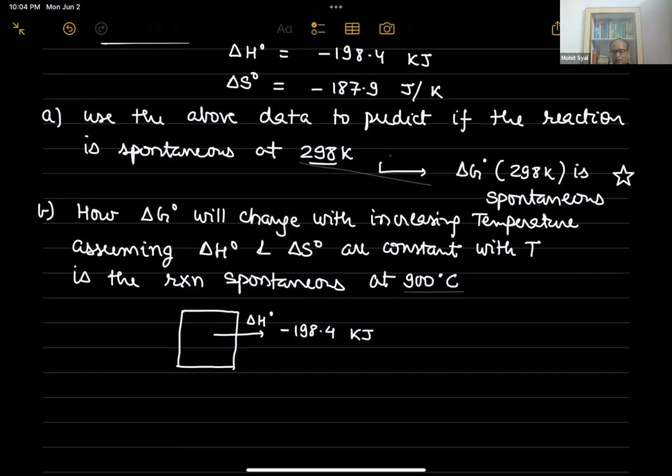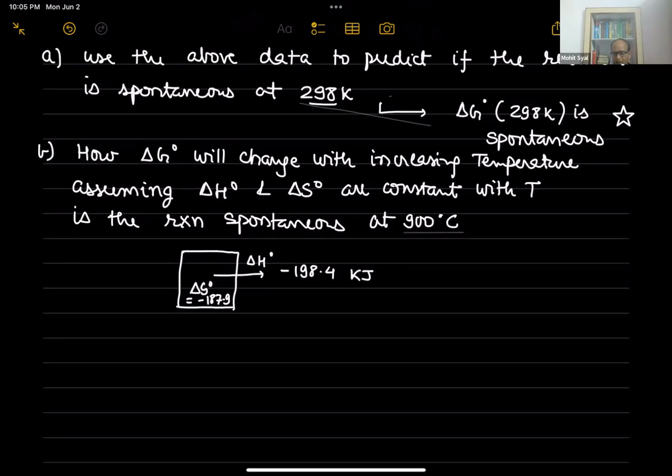What is the delta S of the system for the reaction? It is constant, minus 187.9. Got it? Okay. And how does the total Gibbs energy change vary with the temperature?